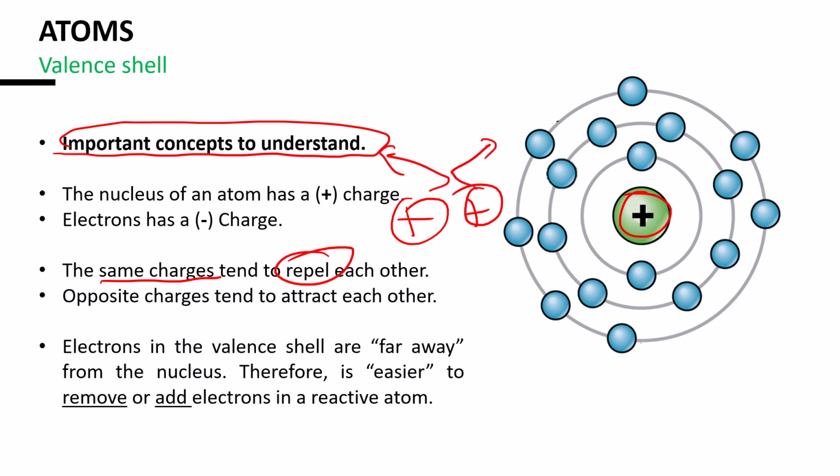And if you have things that have different charges, they're going to attract each other. They're going to be in a force that will keep those two together. And then the electrons in the valence shell, as I mentioned before, are farther away from the nucleus. Therefore, it's easier to either remove or add electrons in a reactive atom.